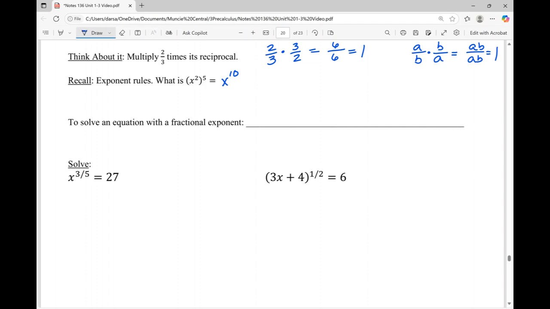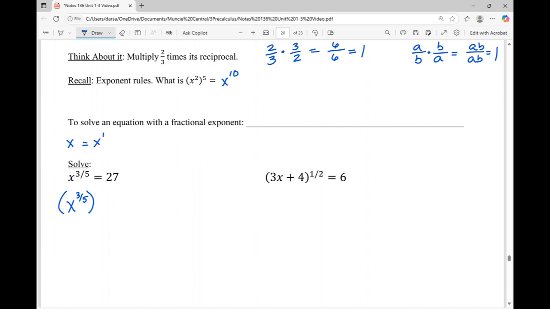All right. Keeping these two things in mind, let's look at this equation right here. How do I solve this equation? Well, I need to raise 3/5 to an exponent that will cancel it so that we have just an x left. What is just x? x is like x to the 1.